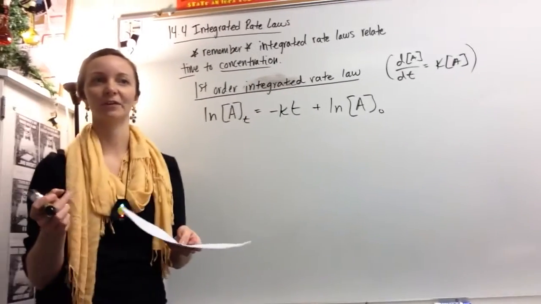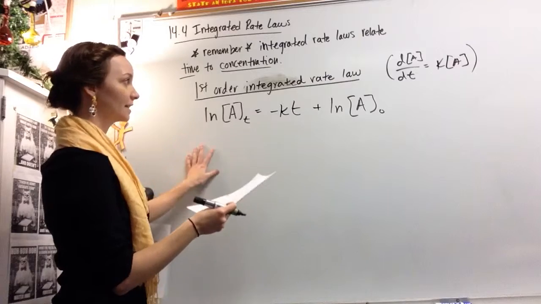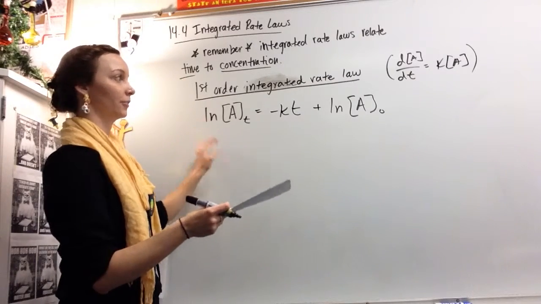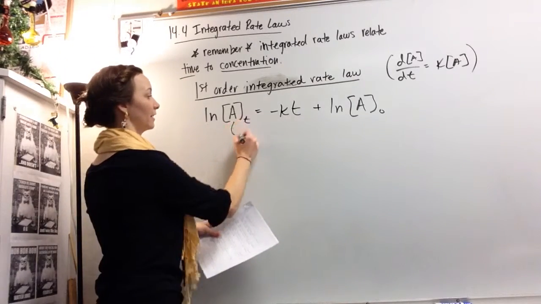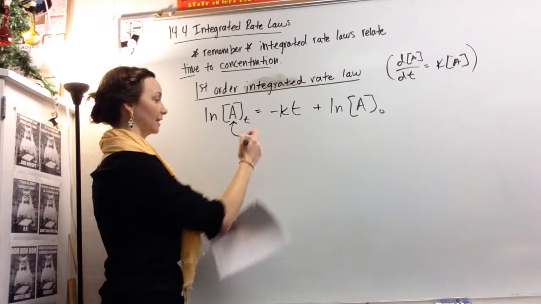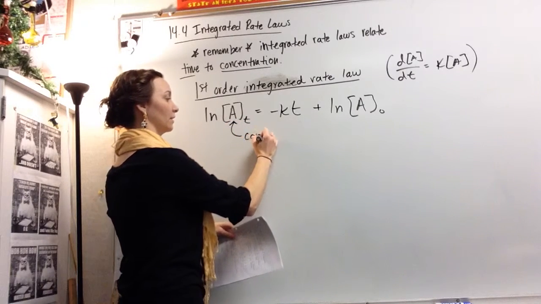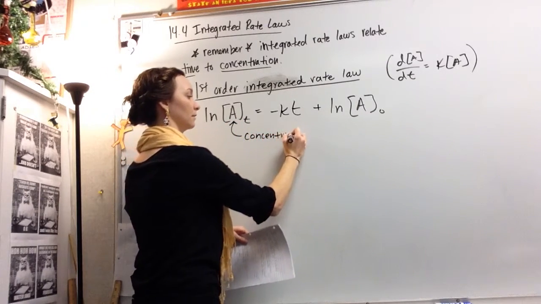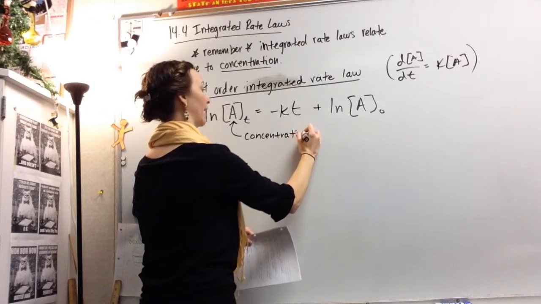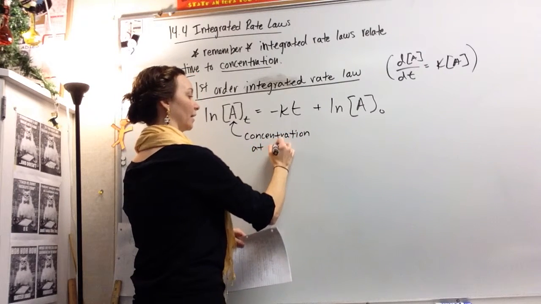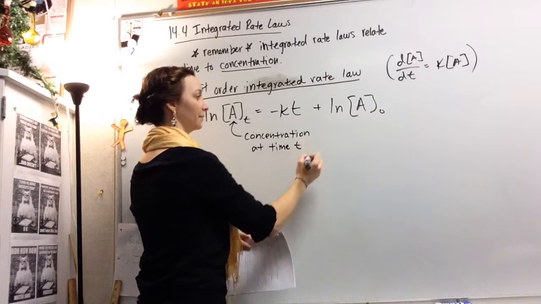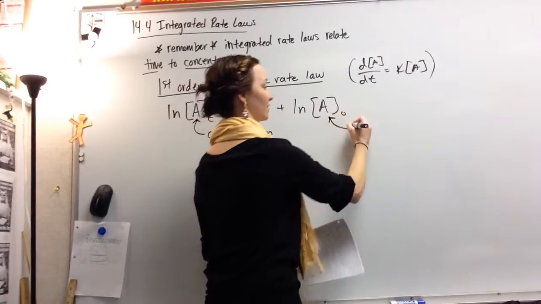And it's that simple. Okay, so this is what the integrated rate law looks like for a first order rate equation. This indicates the concentration of A at time t, and this is your initial concentration.